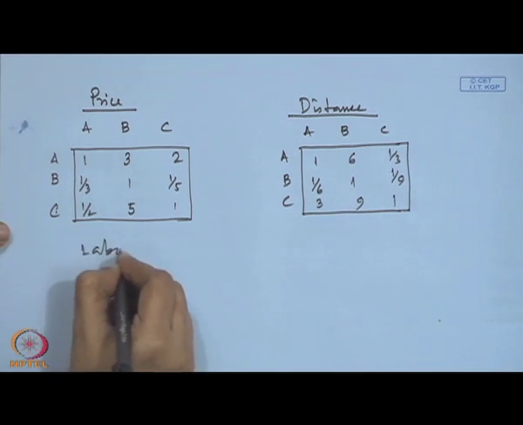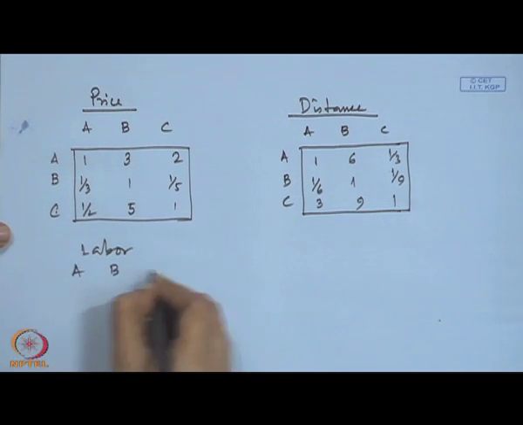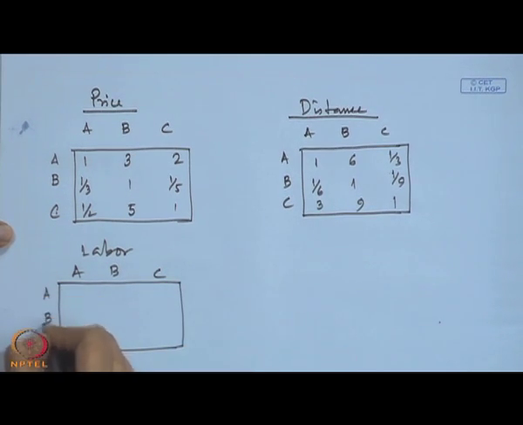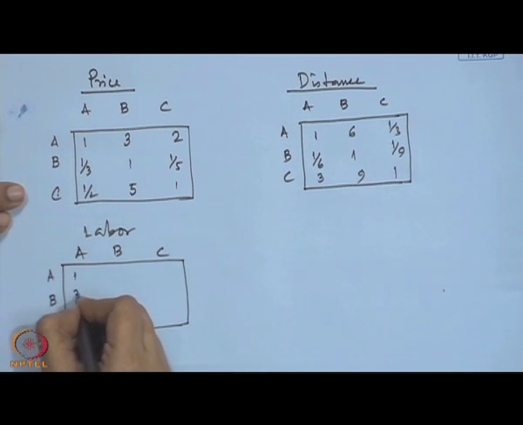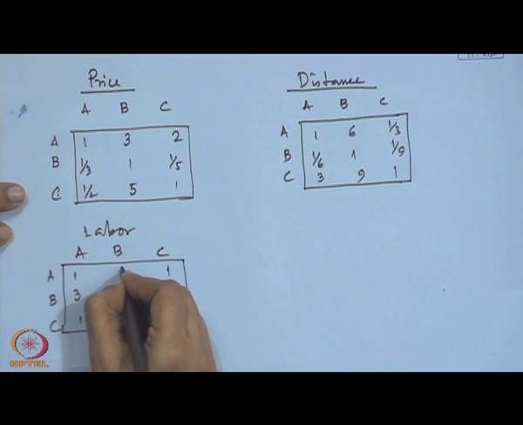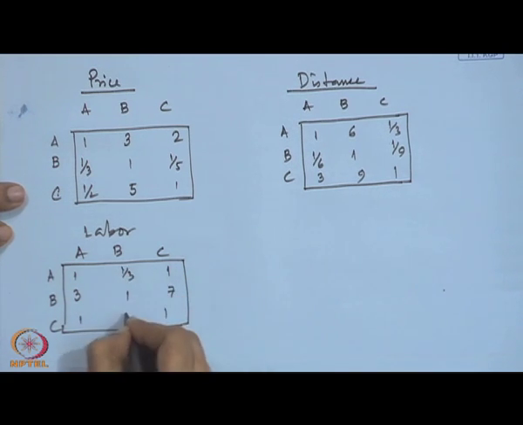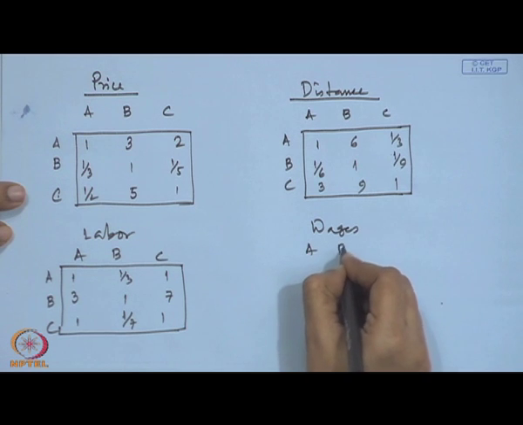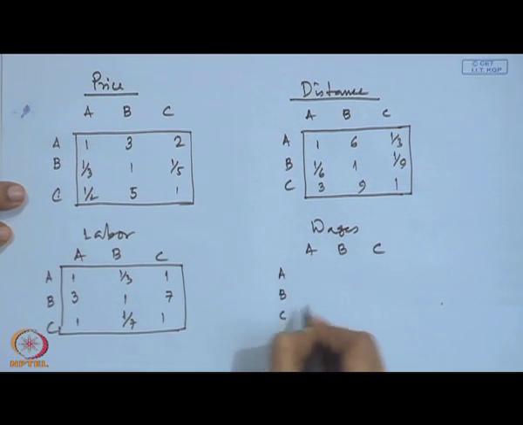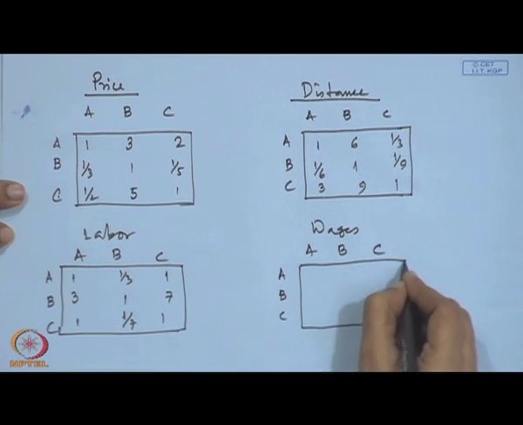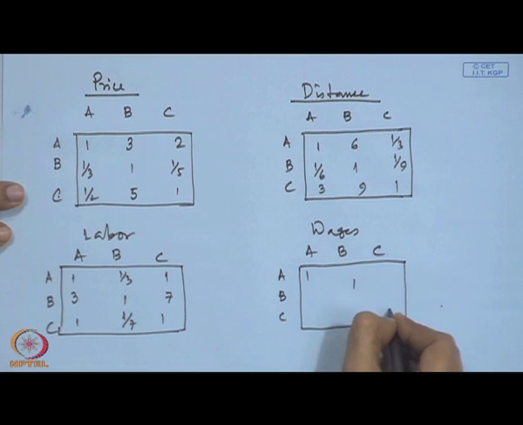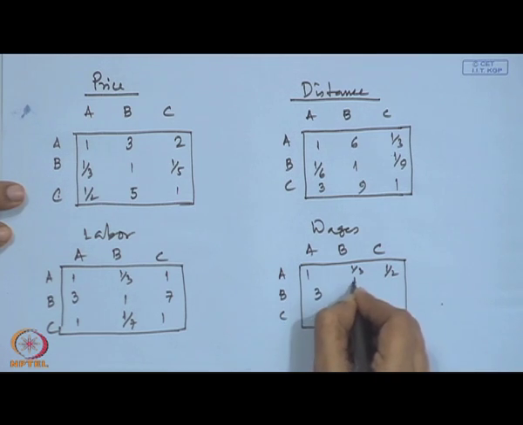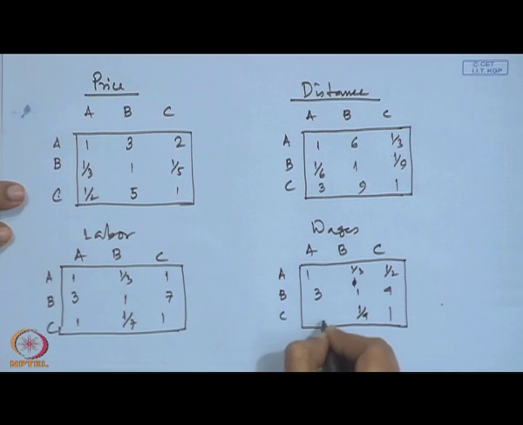This is the information regarding labor, quality of labor, and next is the cost of labor, this is 1, 4, 1 by 4, 2.